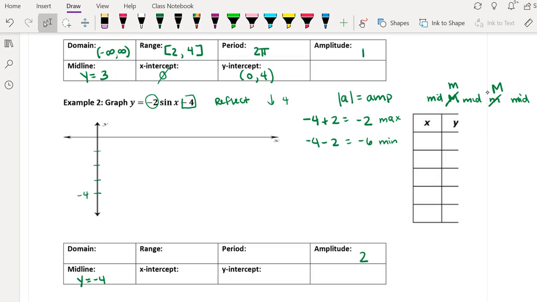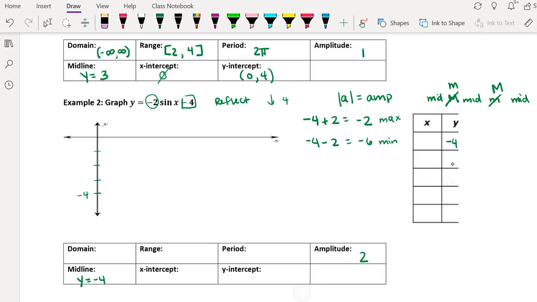So the mid, I'm starting at negative 4, and then my maximum is negative 2, and then my mid is again negative 4. Okay, let's try that again.